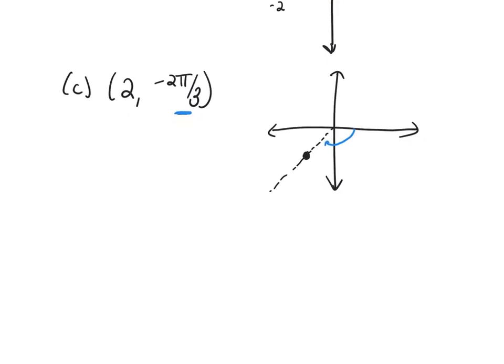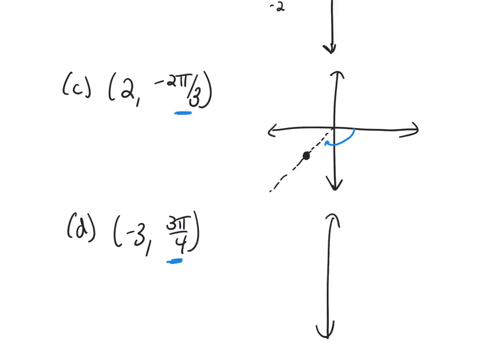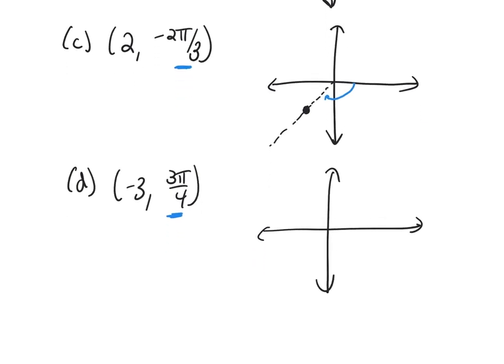All right, now let's plot one final one. Negative 3 and 3 pi over 4. So again, start with your angle theta. I'm going to be in the second quadrant. 3 pi over 4 lands me over here.